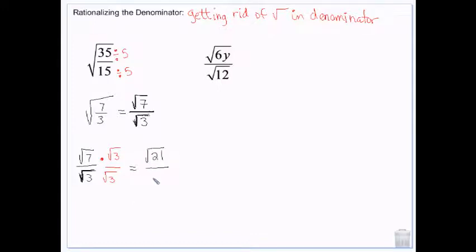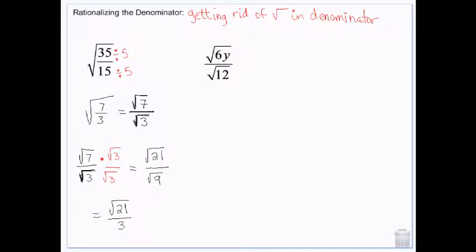And technically, I guess you could say that becomes the square root of 9, but we can skip that step. And it becomes the square root of 21 over 3. Because these two things cancel the radicals out. A radical times a radical of the same number just gives you the number. Now, this is your answer here.